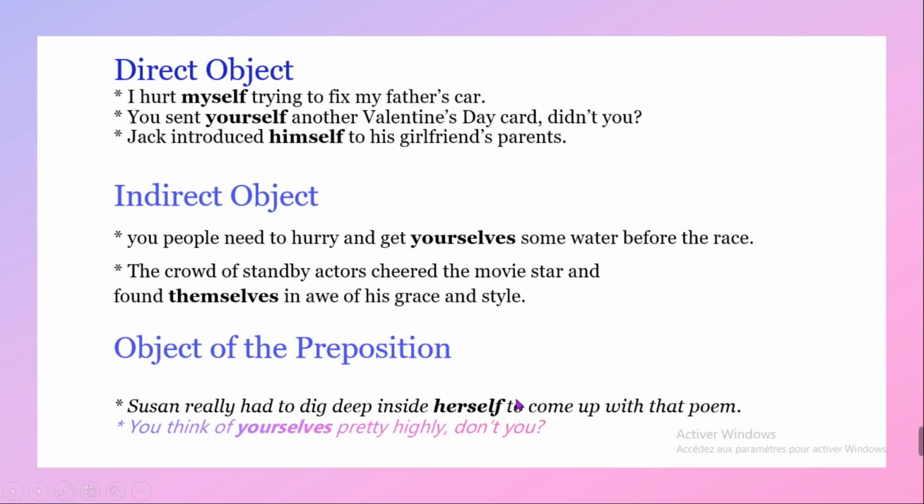To come up with that poem. Another example, you think of yourselves pretty highly, don't you? So, you, plural, becomes yourselves. And here, yourselves is the object of the preposition of. Okay.